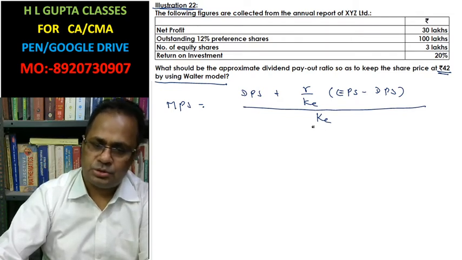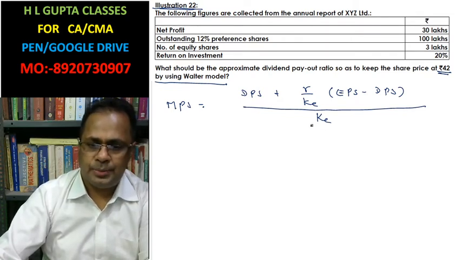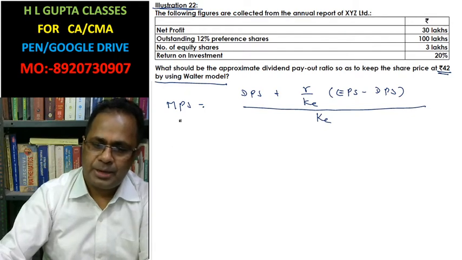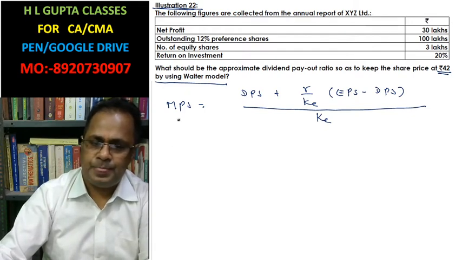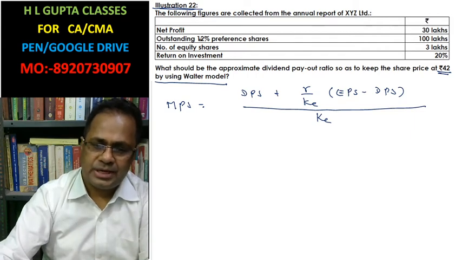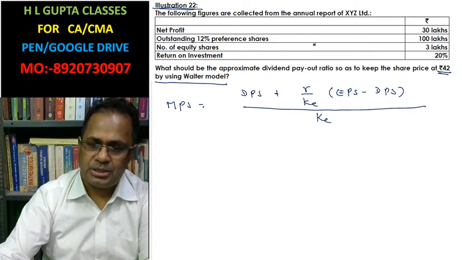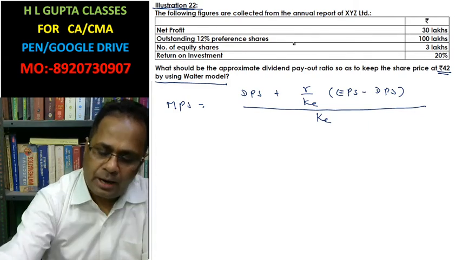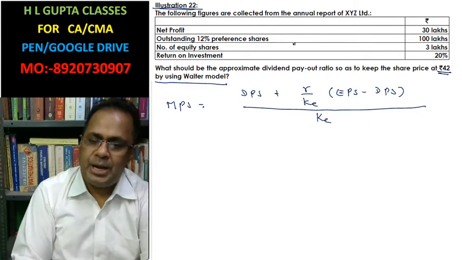In the given question, market price per share is given, return on investment is given, 12% preference share is given, and net profit is given. So first we have to calculate earning per share and dividend per share.